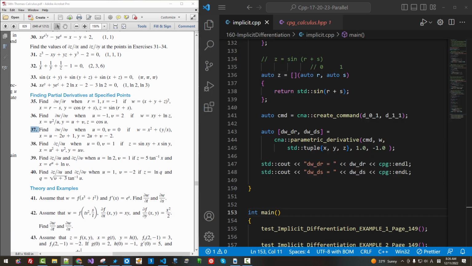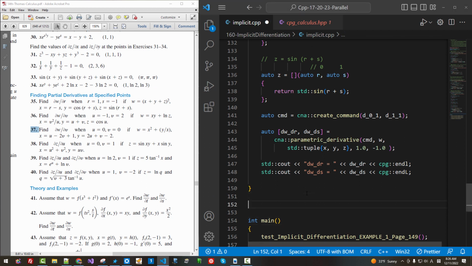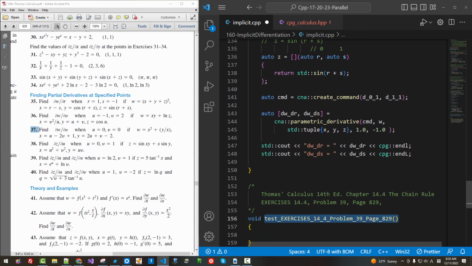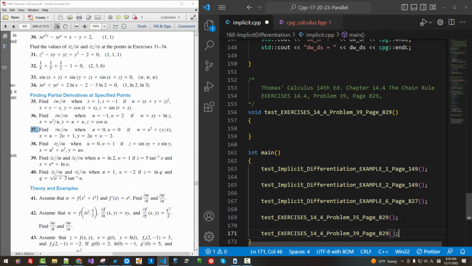Now back to our problem 37. I will copy the header of the function, paste it here. This is problem 39. I will solve this problem. We can solve any problem. Page 829.